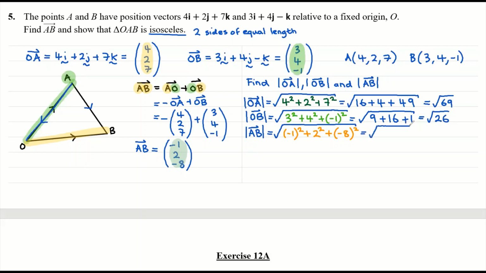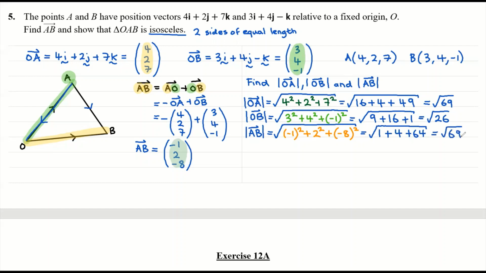All right, let's do this. So that's going to be 1 plus 4 plus 64. And I never draw my square roots long enough. I can never quite judge how long to do them. So this is root 69. Okay. Right. So there we have it.